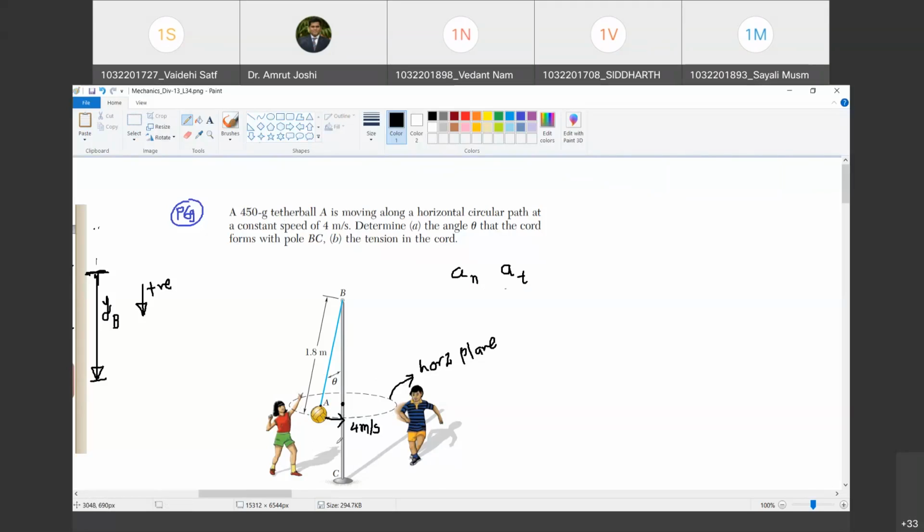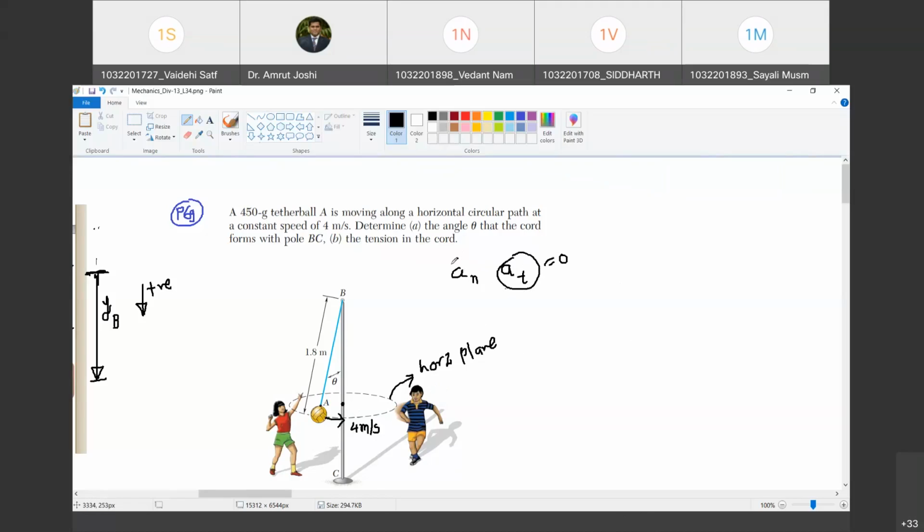Are you with me? Yes, sir. And centrifugal acceleration will be the normal acceleration. Do you agree with me? Yes, sir. But the rate of change of speed is given as zero. Therefore, AT is going to be equal to zero. Happy? Yes, sir. So the acceleration in the tangential direction is going to be zero.